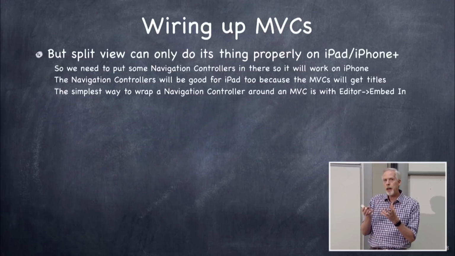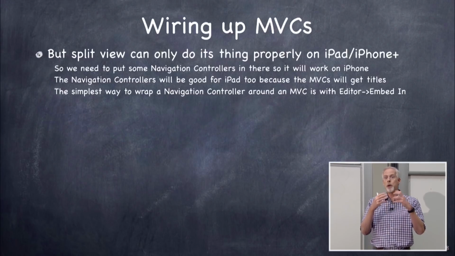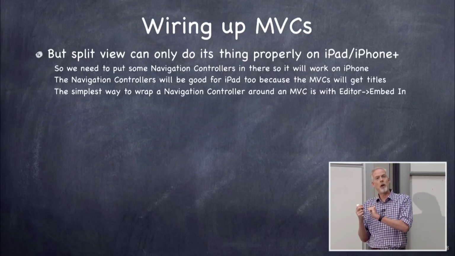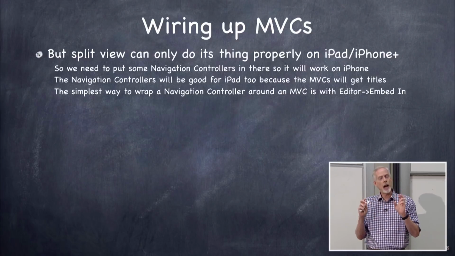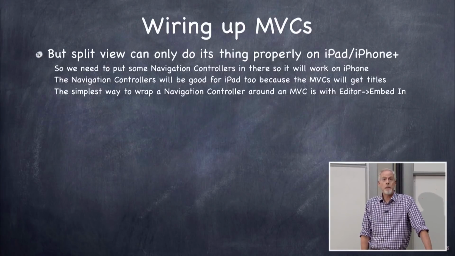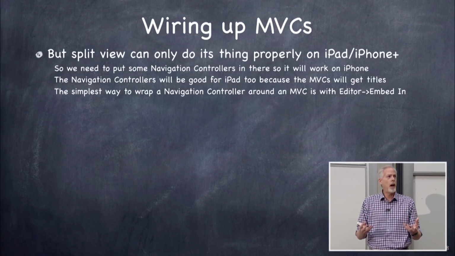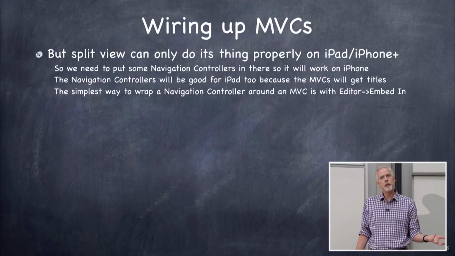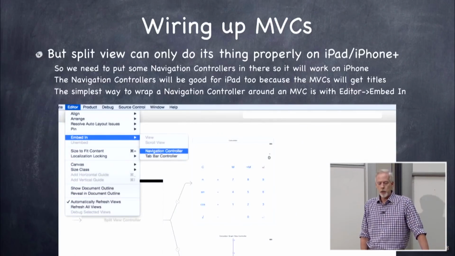And when we do that, then the system can show it in a navigation controller on an iPhone and in a split view controller on an iPad. It'll automatically adapt, that's the word we use to describe that, to the environment it's in. So that makes it really easy for us to build UIs that work on both. They work on iPads, they work on iPhones. Okay, same exact storyboard.